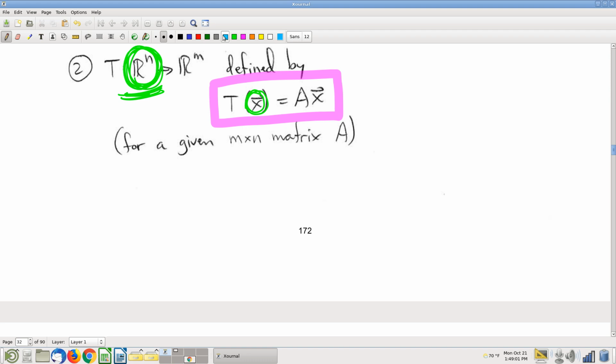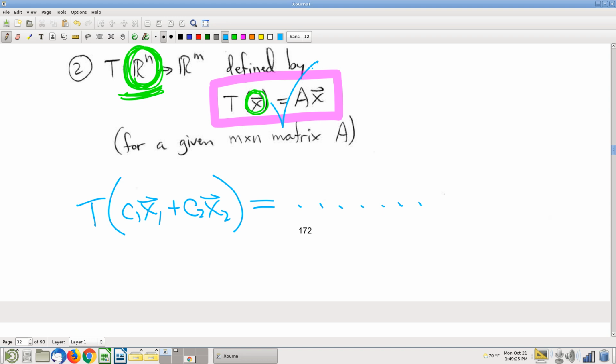And so what you need to do is take T of a linear combination of input vectors and evaluate, see what you get. Use the definition that you're given of T. Use algebra of matrices that you already know.